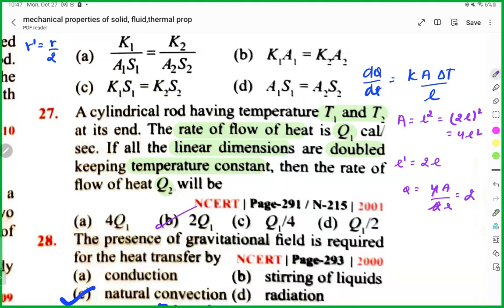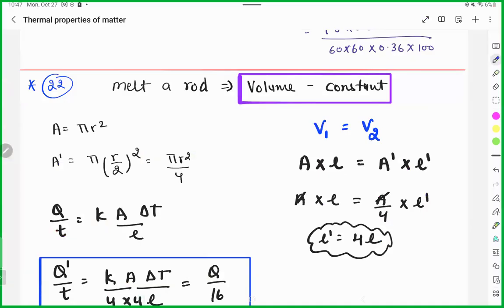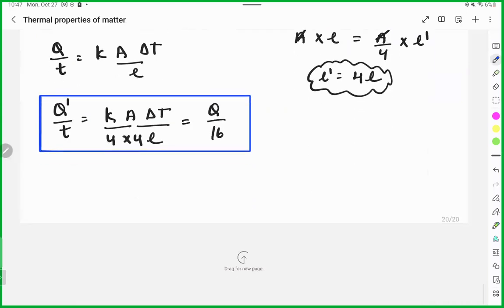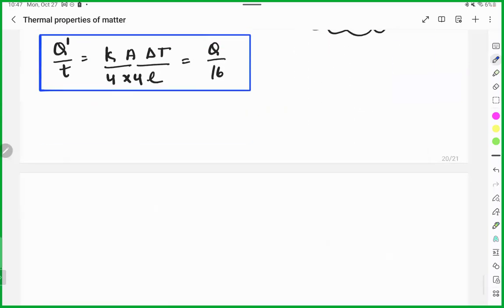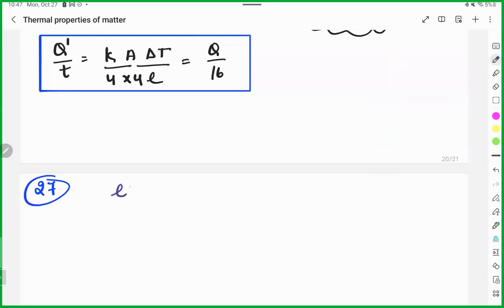All linear dimensions are doubled. Question number 27. When we say all linear dimensions are doubled, it means the new length will be double. What is the cylinder area? 2 pi RL.